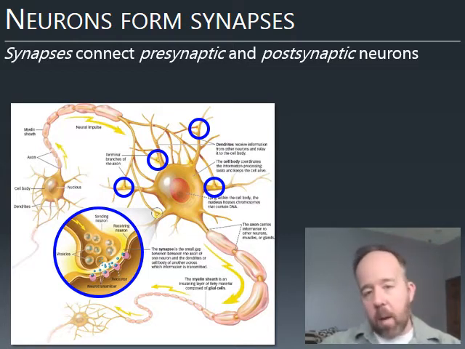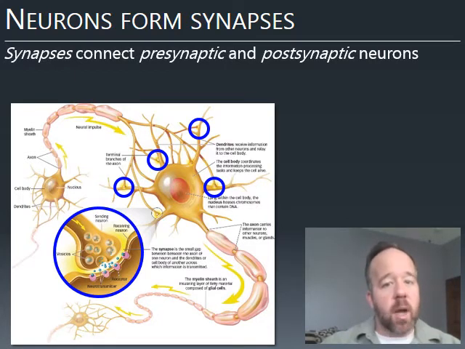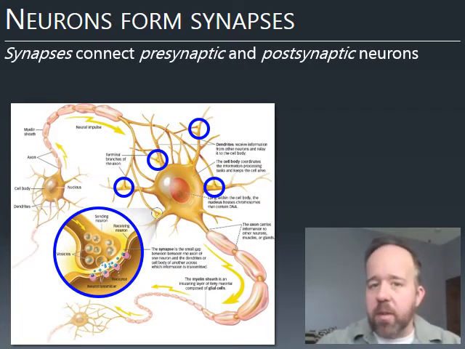And that gap is where chemicals are released by the presynaptic neuron, and where they're picked up by the postsynaptic neuron, and that will initiate a signal in that postsynaptic neuron. So if we zoomed in like we have here, we see these chemicals that are housed in the presynaptic neuron released into the synaptic cleft, the gap between the two neurons, and picked up by the postsynaptic neuron.